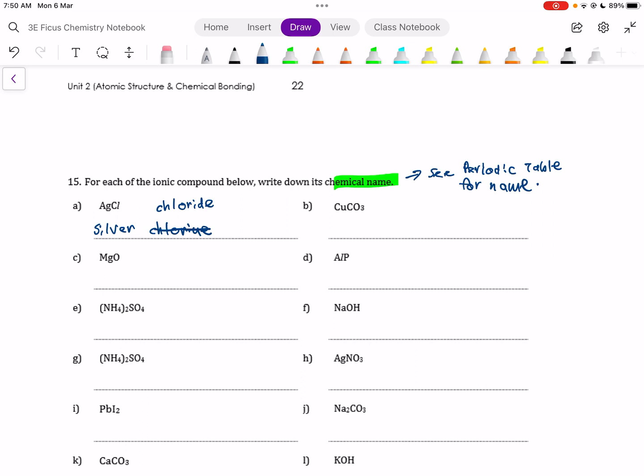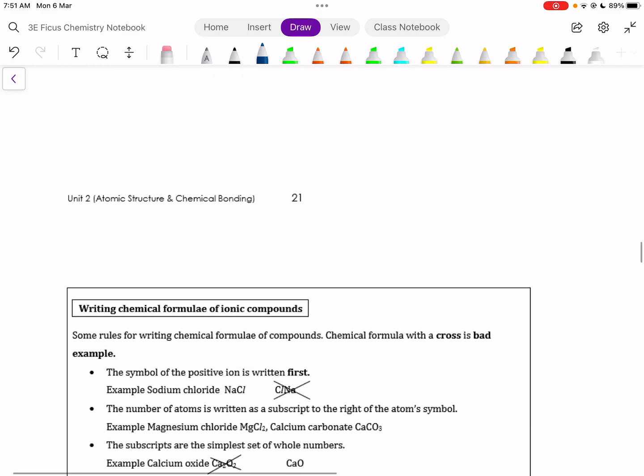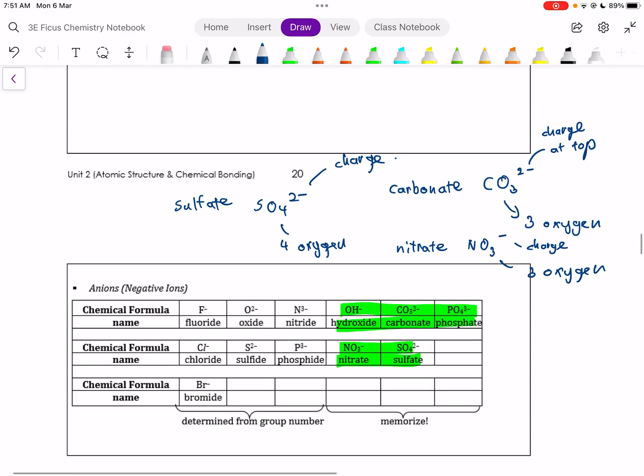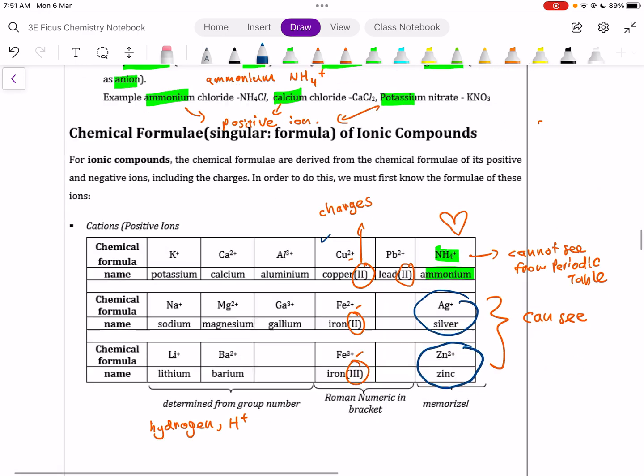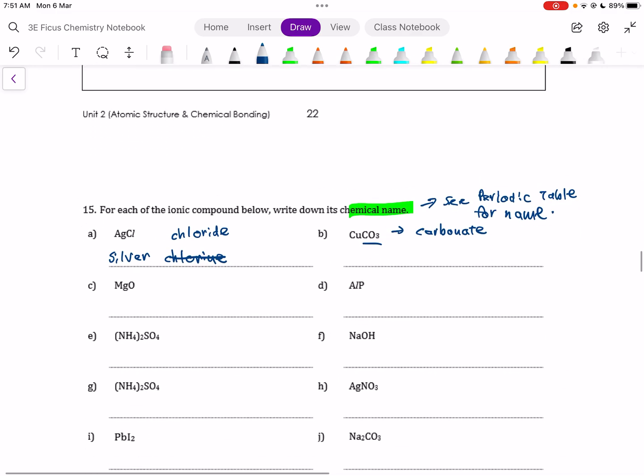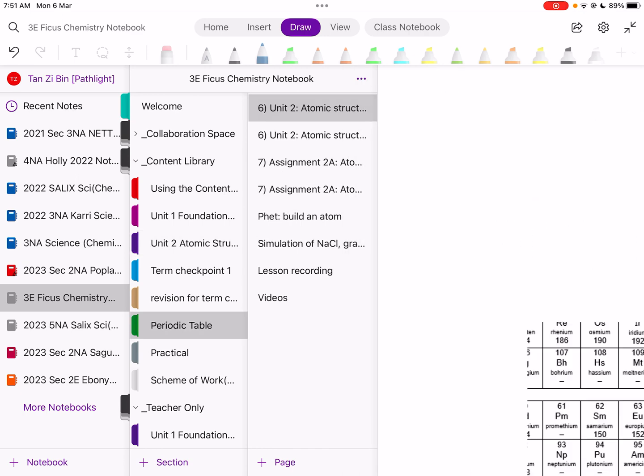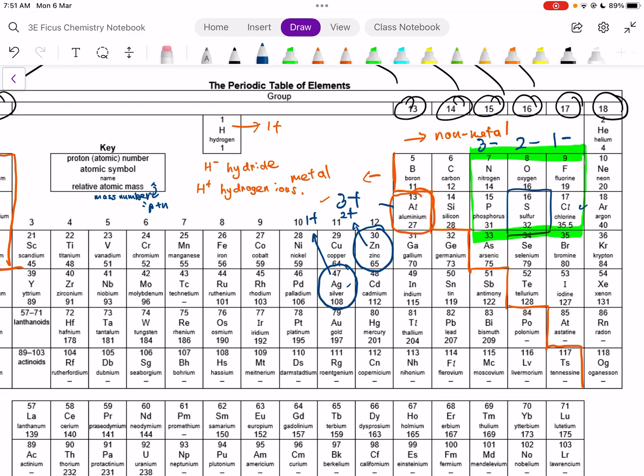Next one, you have CuCO3. CO3 is a polyatomic ion. Remember, this is the carbonate. Then Cu is copper, a transition metal. If we look at the periodic table, copper is over here.